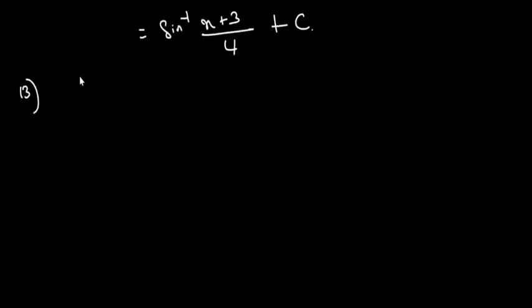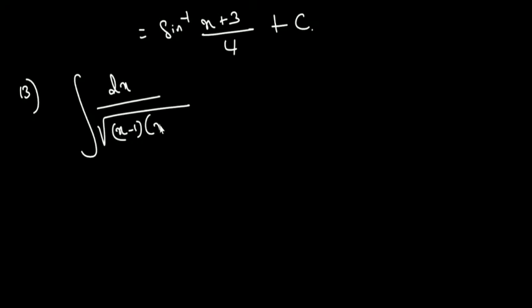13th one, integrate dx by root of x minus 1 into x minus 2. So this is again a quadratic, x square minus 3x plus 2. So x square minus 3x plus 2. Make it a sum of two squares or difference.